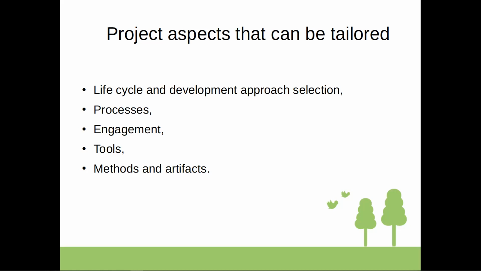Engagement is essentially focus on stakeholders, but also on various methods how to work with these stakeholders. And that goes back a bit to the topic of the previous session around stakeholder management. So that's also important part of deciding on project tailoring.